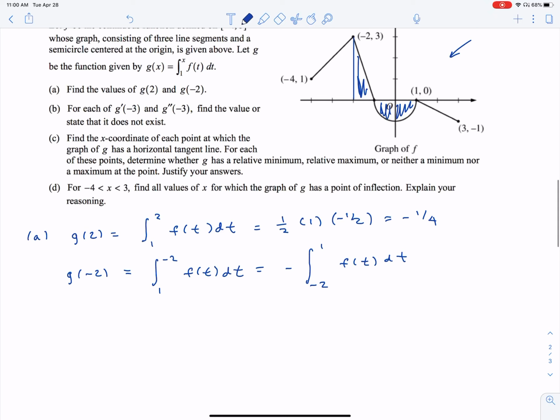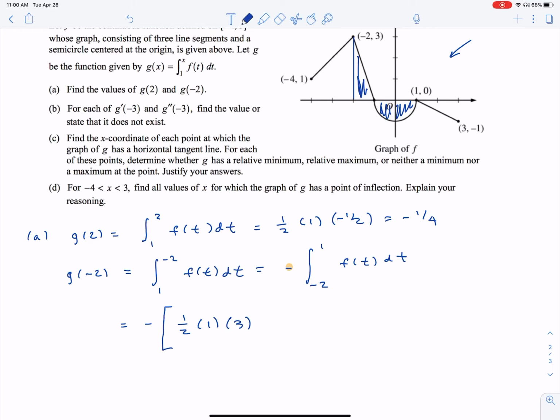So let's go and do that. That's going to equal, first off, negative whatever that area is, because of this negative sign here. So what do we get? We get the area of that first triangle, which is 1/2 the base, which is 1, and the height, which is 3.